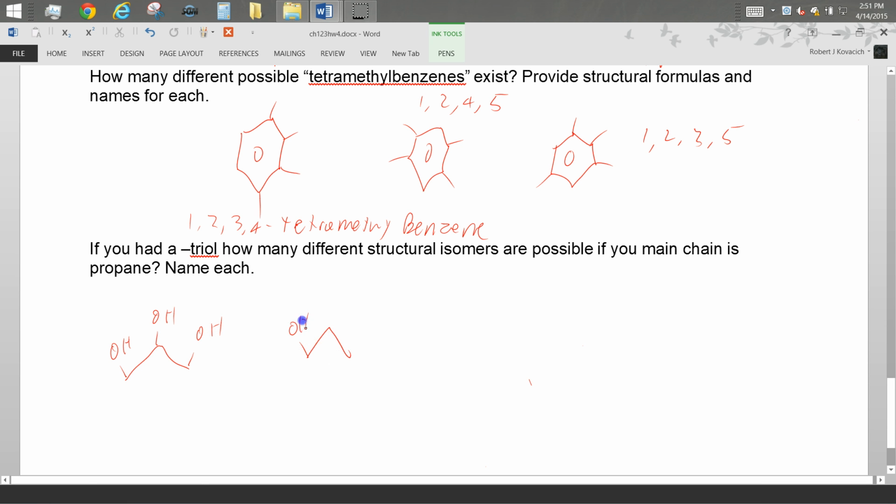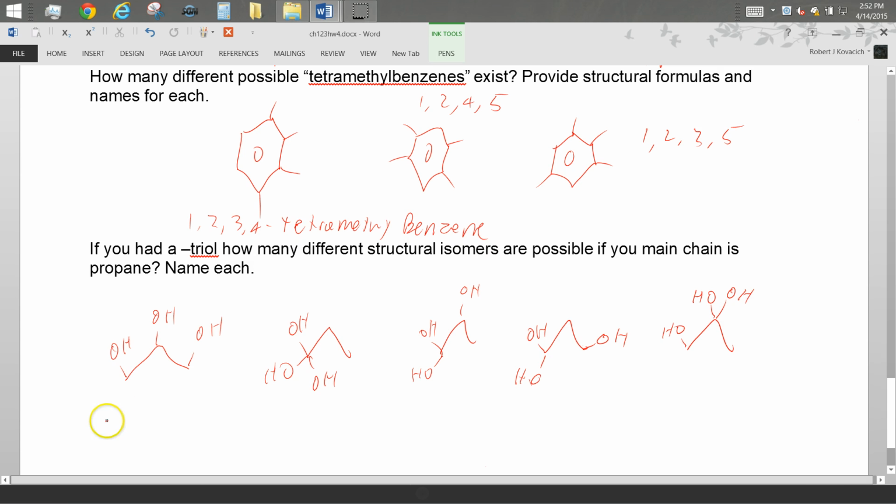I could put another set of OH groups in different positions. Put two on the middle. And I think that's it.